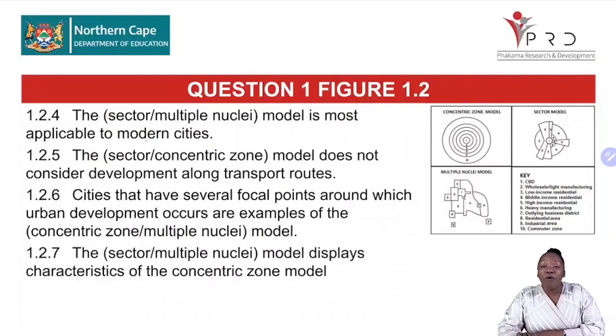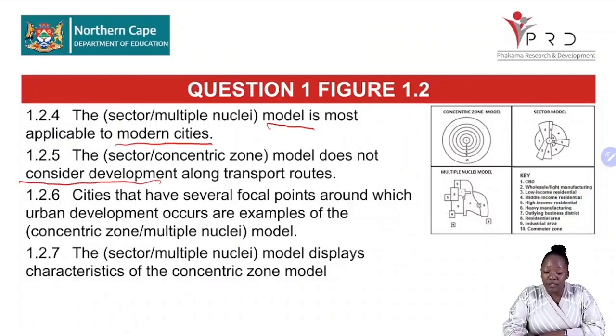The sector or multiple nuclei model is most applicable in the modern cities. So we're looking at the model that is most applicable in modern cities. Then number 5, the sector or the concentric zone model does not consider the development along the transport route. So again, you check that it does not consider the development along the transport route.